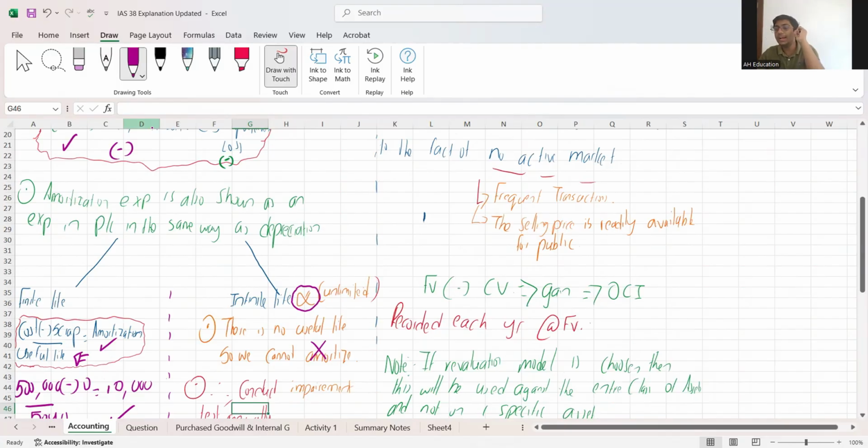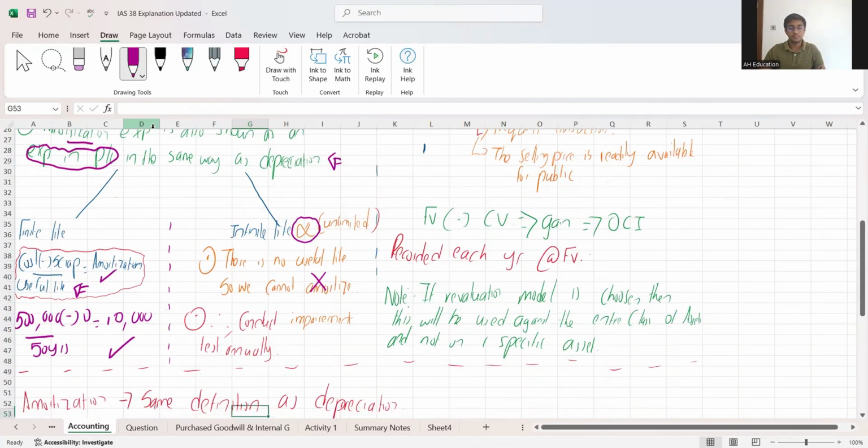If it's an intangible asset, you will amortize, right? Since amortization is an expense, you will be expensing it in your profit or loss, right? The same way you show depreciation, you will be amortizing and showing it under your expense if it's an intangible asset. Okay.